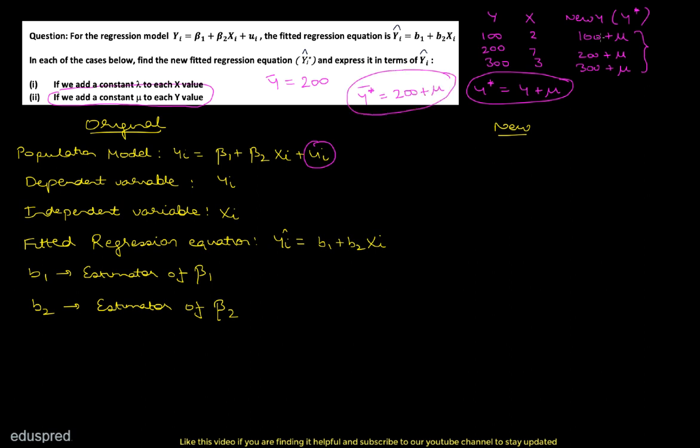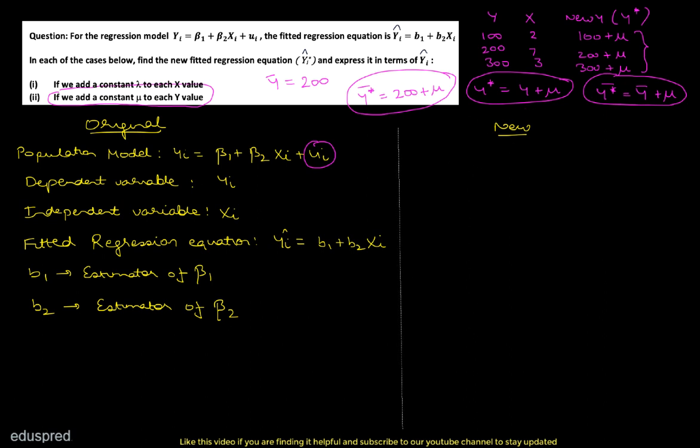So basically, if you increase each value of y by mu, then even the mean value will get increased by mu. Okay, this is something that you can check on your own. However, this is quite intuitive as well. So the relationship between y bar and y star bar is that y star bar is equal to y bar plus mu. So these are the two relationships that we already know now.